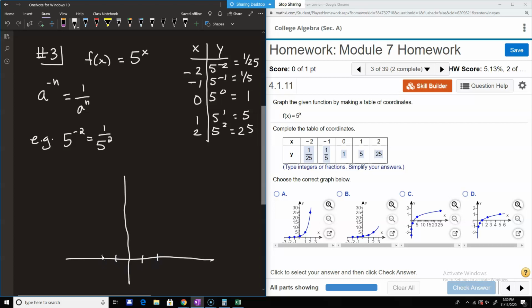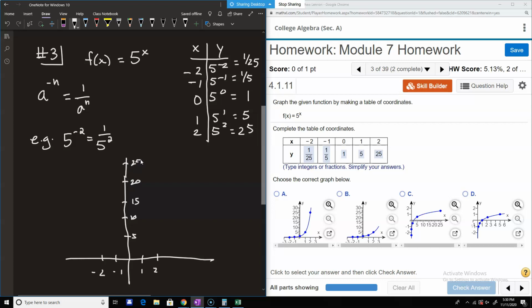And then these numbers are kind of big and small, so we're going to use a big scale here. This is just going to be 1, 2, and then -1, -2 for our x values. But this goes all the way up to 25, so maybe we'll have 5, 10, 15, 20, and then up here we'll say this is 25.